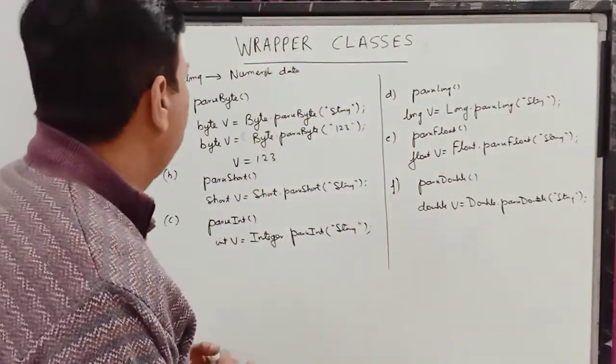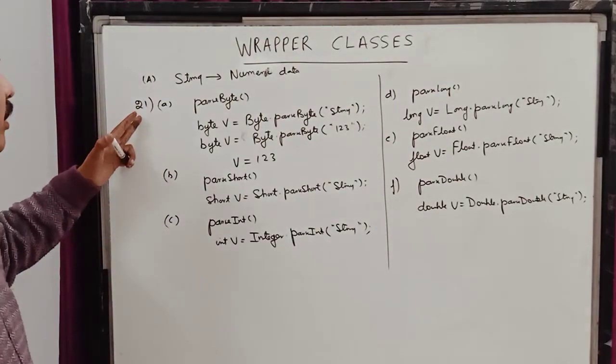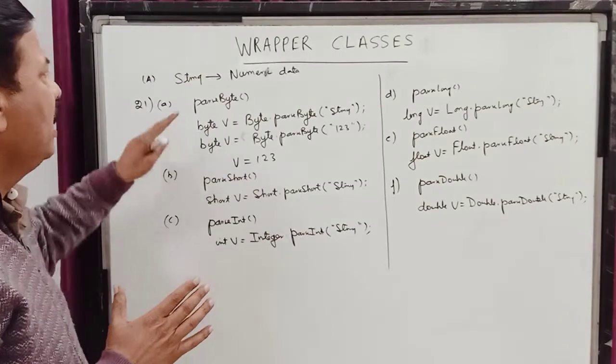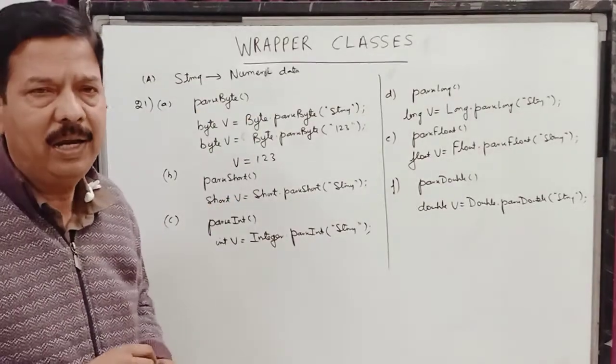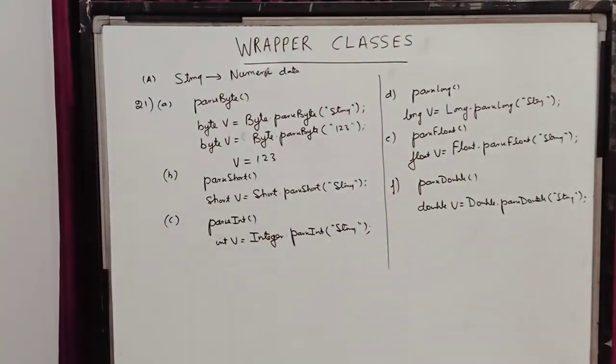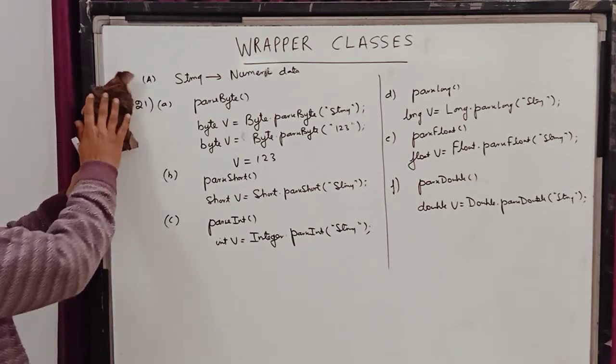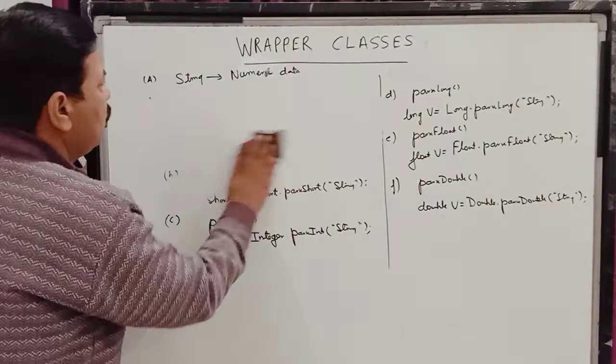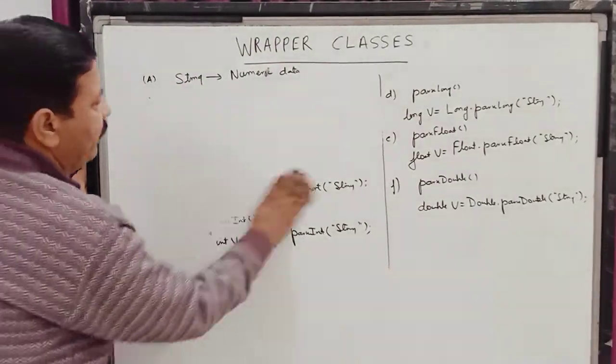So these are the parse functions. This is the 21st function, which contains 6 different functions that convert the string value into numeric data.